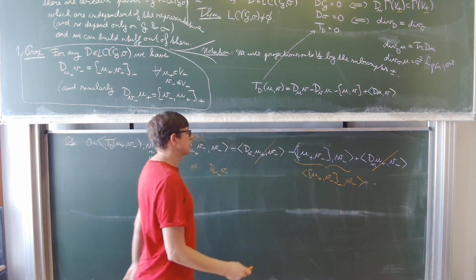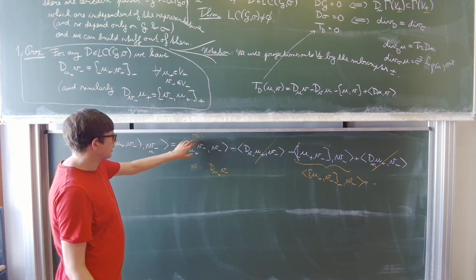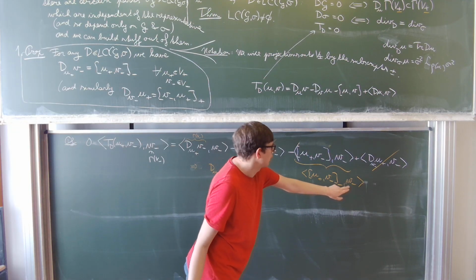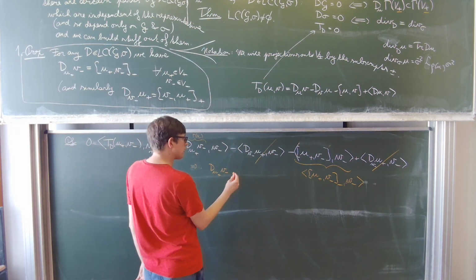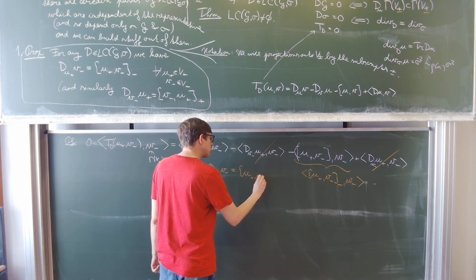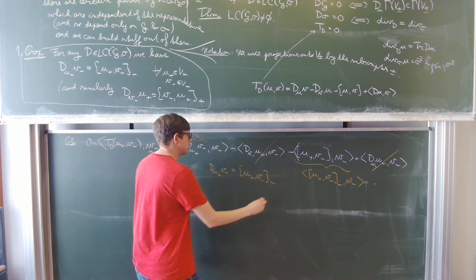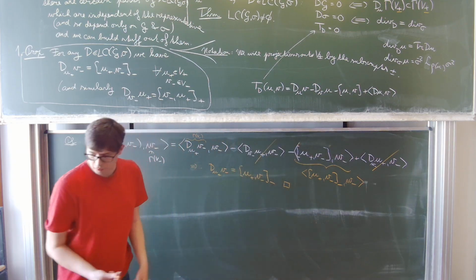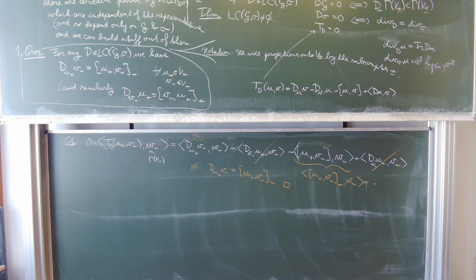So then the part vanishes. And now I can just compare them. I have a section of V minus, another section, and I know that they pair the same, which means that they have to be the same. End of proof, where I changed the color in the middle.